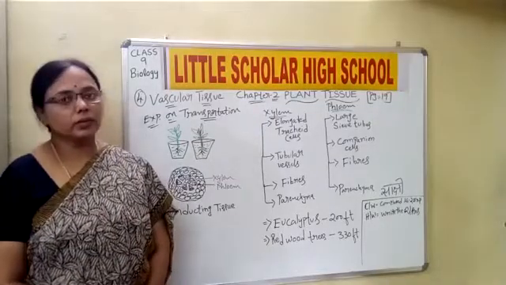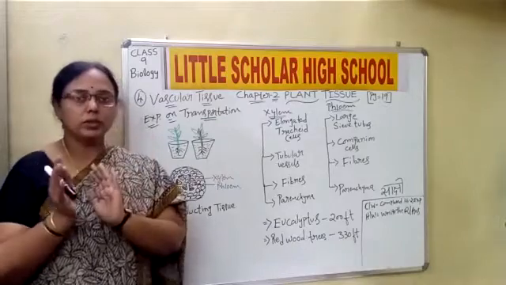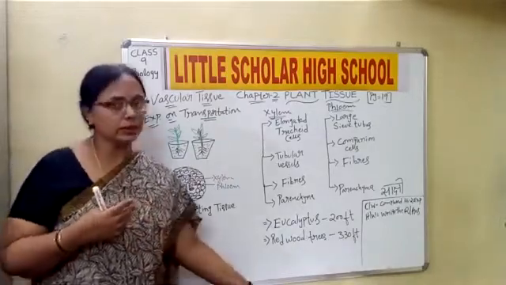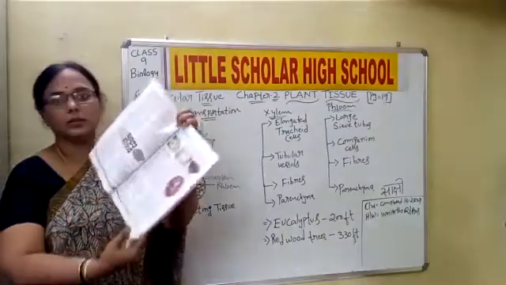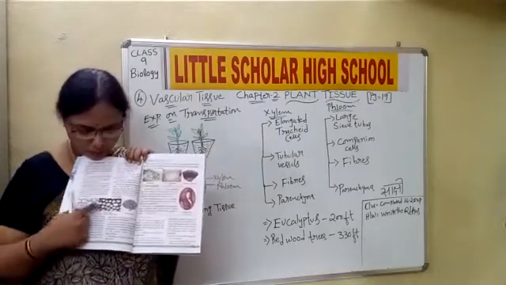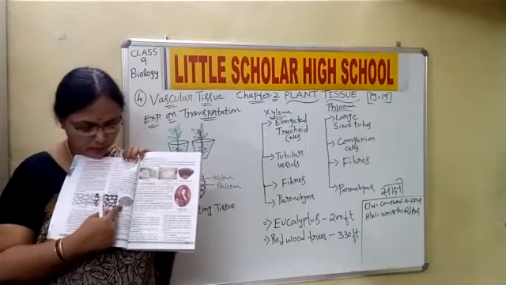Okay, children. So we have discussed the different kinds of ground tissues, the parenchyma, collenchyma, and sclerenchyma. Now, please open your page number 18. All of you refer to this page. Here the diagrams are given related to the parenchyma, collenchyma, and sclerenchyma.